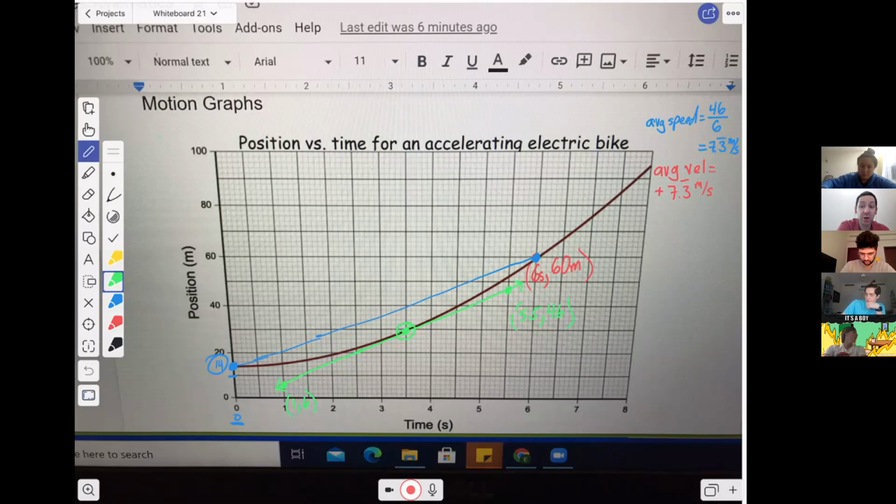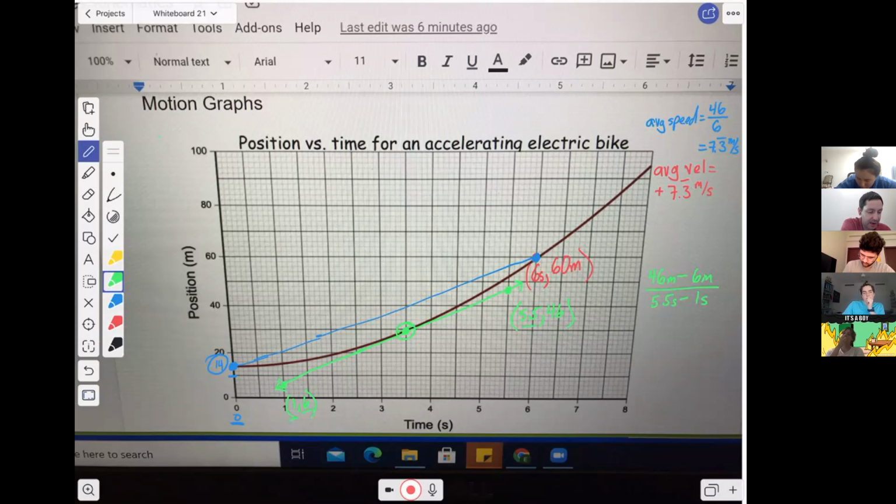One thing that I want you to notice when I find the slope, if I keep the units in there, right? So I go final y value, which is 46 meters, minus the initial distance, which is 6 meters, divided by the final time, which will be the 5.5 seconds, minus 1 second.